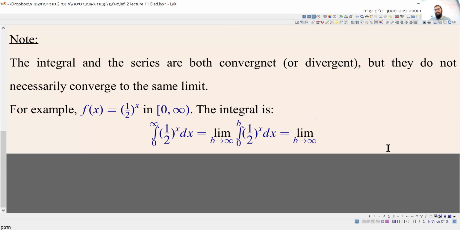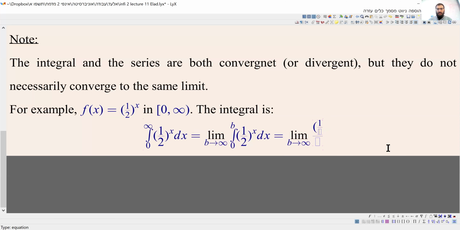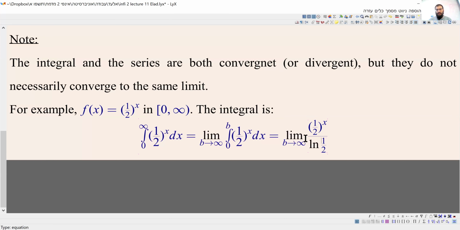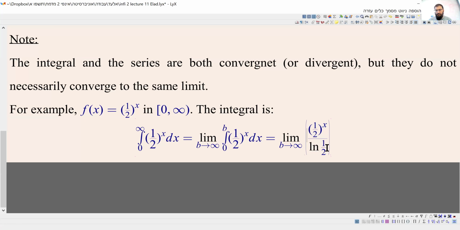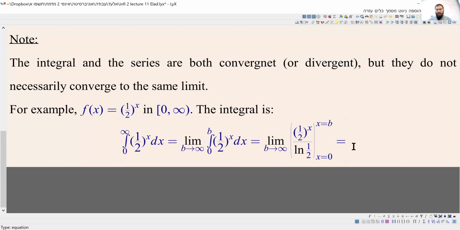How do we find the antiderivative? We divide the function by the ln of the base, which is ln half, and we put x is 0 and x is b.